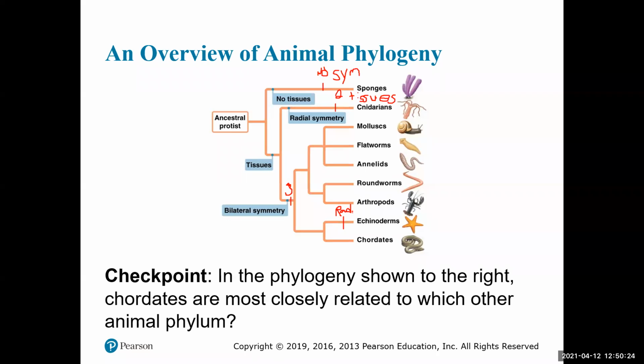Now, there are some other ways we group these animals as well. So we have what is known as Lophotrochozoans and ecdysozoans.